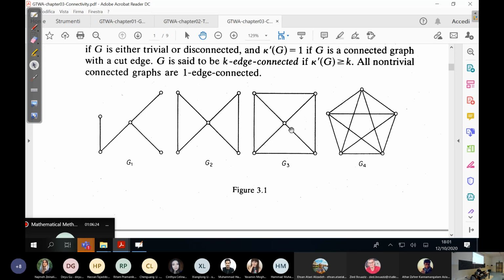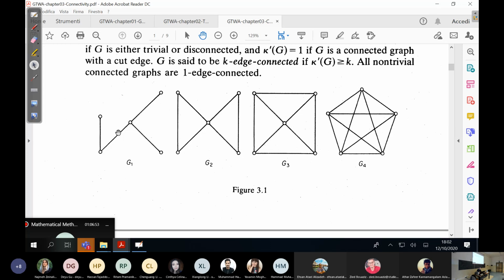And here deleting one vertex is not enough to disconnect the graph. What do we need? We need to delete at least 3. Say these 3 or these 3. And then if you delete these 3, you disconnect this vertex from this. Okay, and here, as we have already said, deleting any vertex does not disconnect the graph.